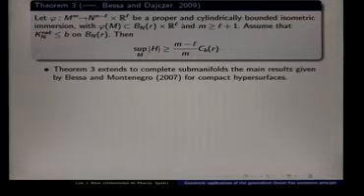This theorem, first of all, extends to complete submanifolds the main results given by Bessa and Montenegro for compact hypersurfaces.